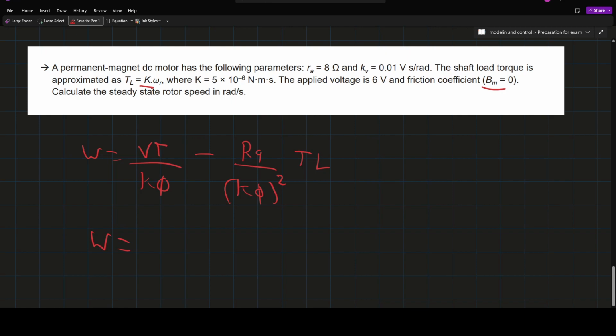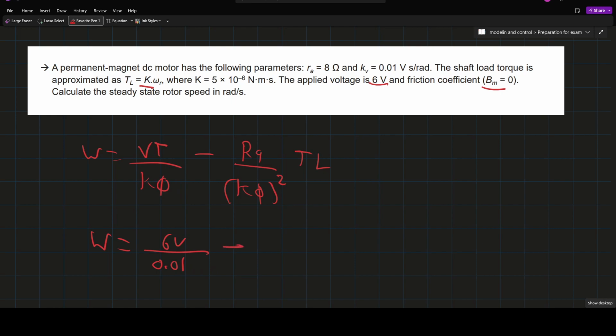We know that omega is our terminal voltage that they are giving us, 6 volts. K phi, they're not giving us the flux, they're just giving us the whole value of K times phi, so 0.01 volts per radian. I'm not going to write the whole unit for space.